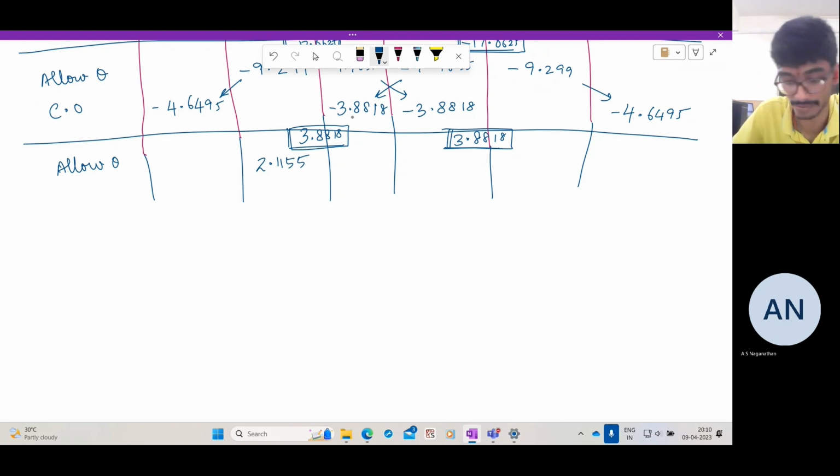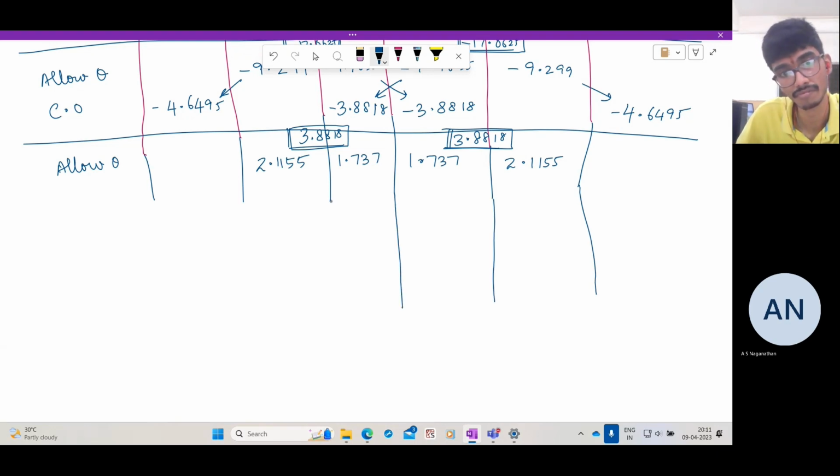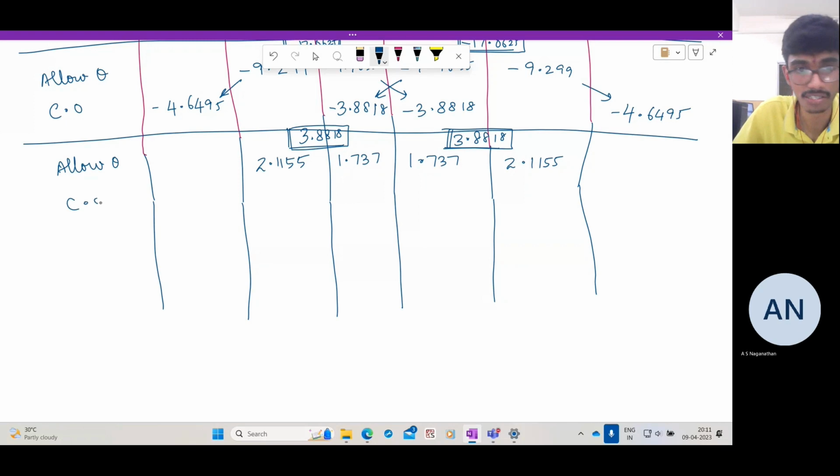And here you get 1.737. So here it is 1.737 and 2.1155. Again, do the carryover operation.